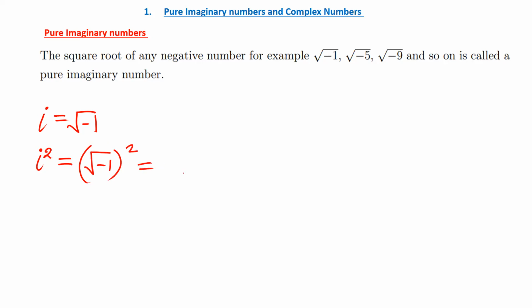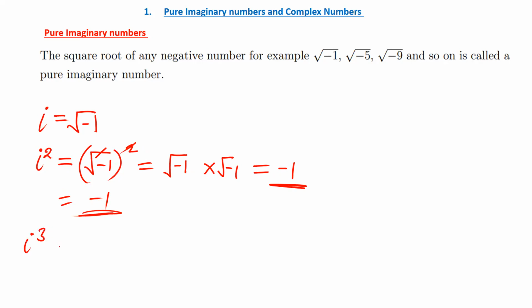What this means is that we have the square root of -1 times the square root of -1. And when you multiply these two, the answer is simply -1. Other people would say the square root and the squared cancel, so you just remain with -1.